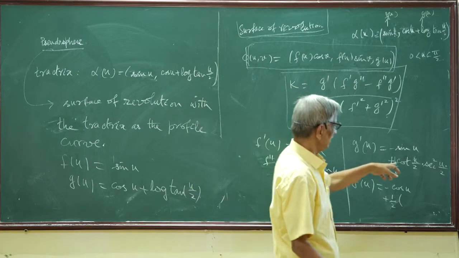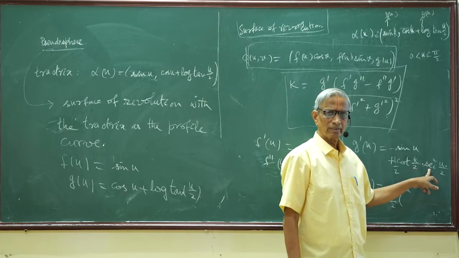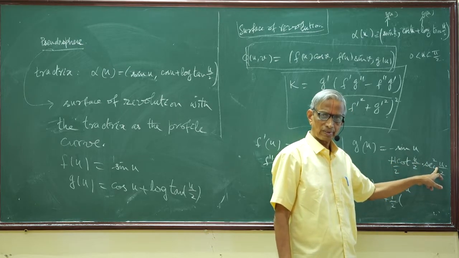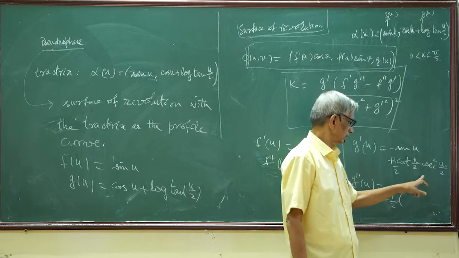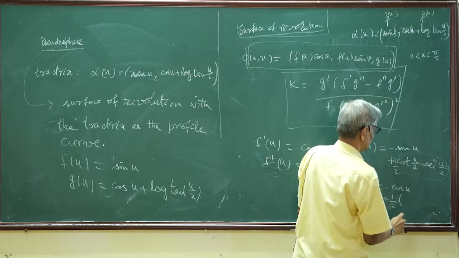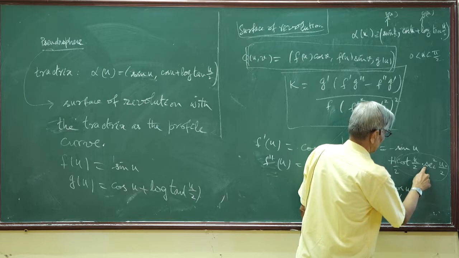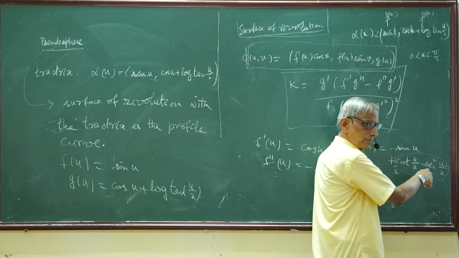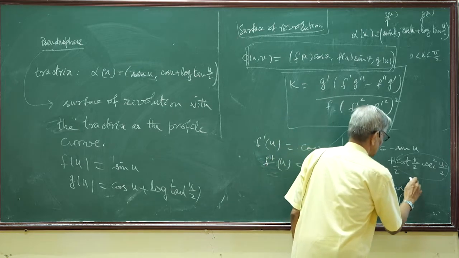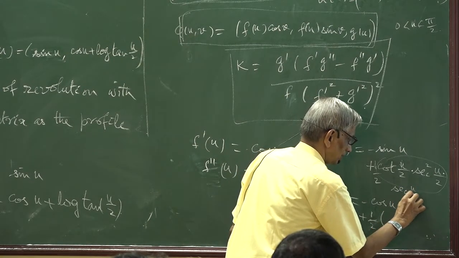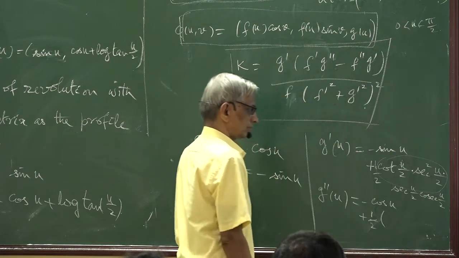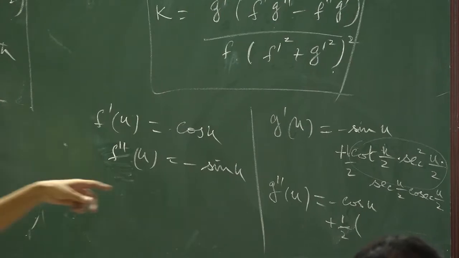Cot, because this simplifies cot and the secant. So this is cos by sine, right? One cos will go off with this secant. So what do you get? So this is secant u by 2 divided by sine u by 2, right? So cosecant. So secant and cosecant. So you have to differentiate this now.